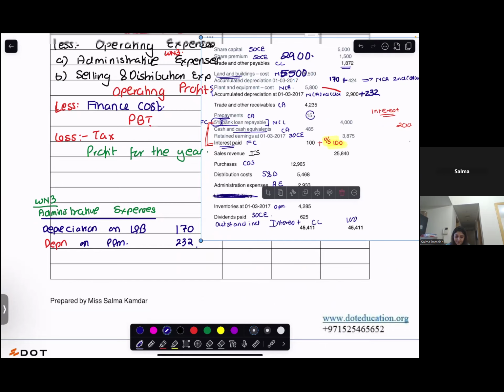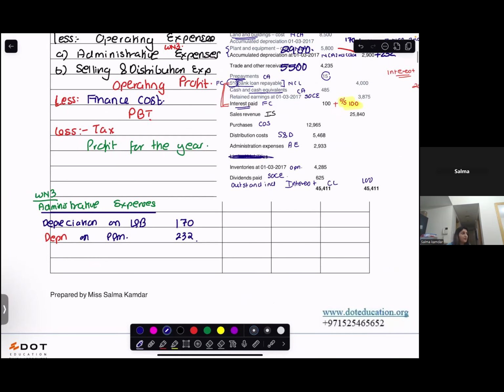Let's check. I have my working note number 3, administrative. I have my working note number 4, which I can put as selling and distribution costs.